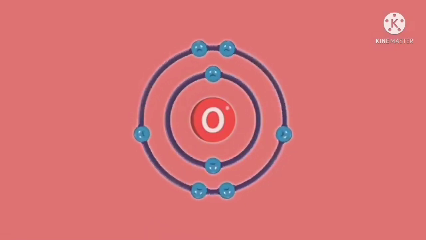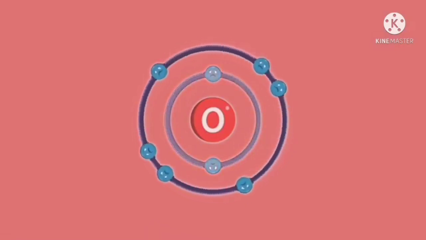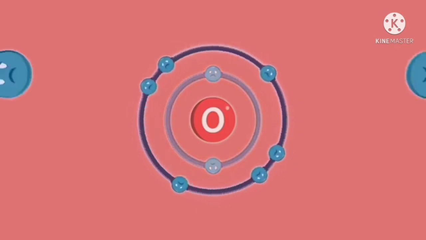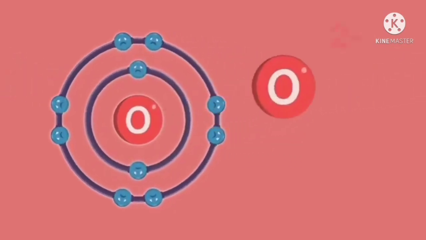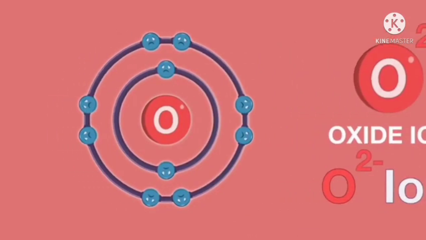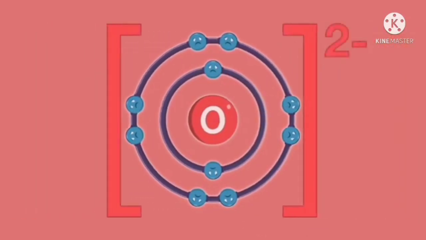Take the example of oxygen. You know the oxygen atomic number is 8. In the outermost orbit 6 electrons are there. If it wants to become stable, it has to gain 2 electrons. As it gains electrons, it becomes negatively charged.